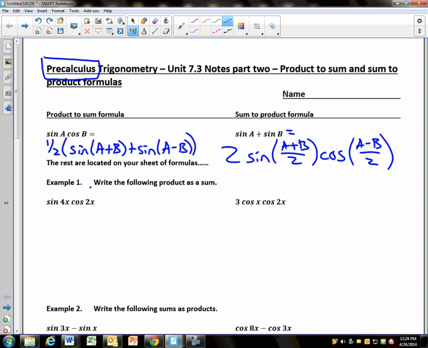I think that's the right formula. Is that correct? And it says the rest are located on your sheet of formulas. So we're not going to write all of them down. I just want you to see where I found them and where I looked for them.